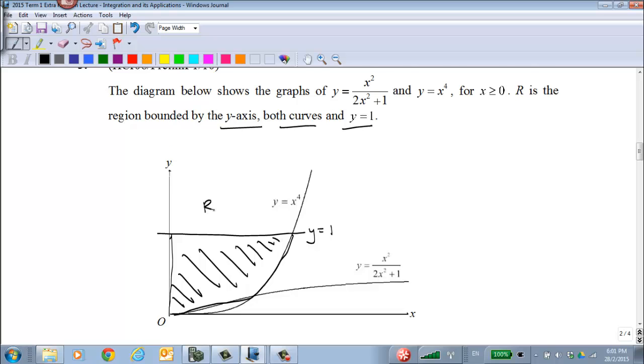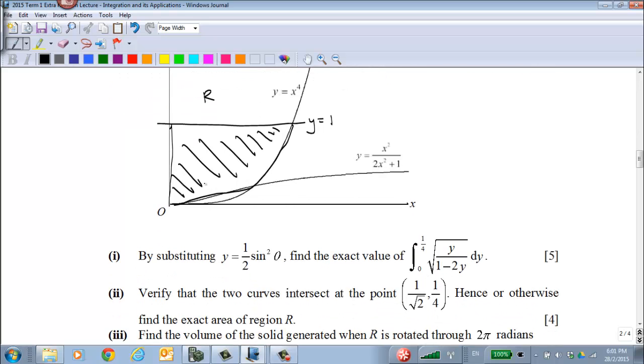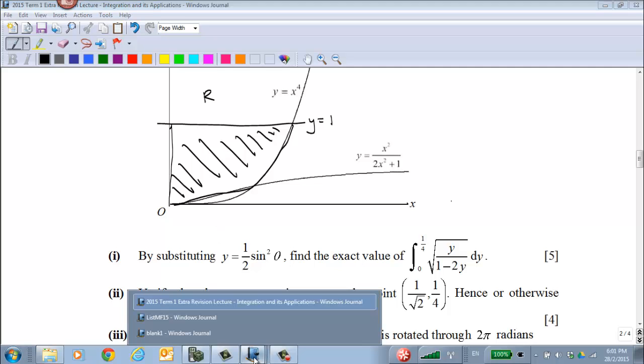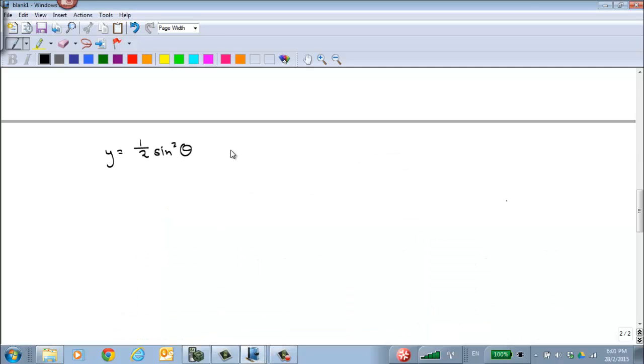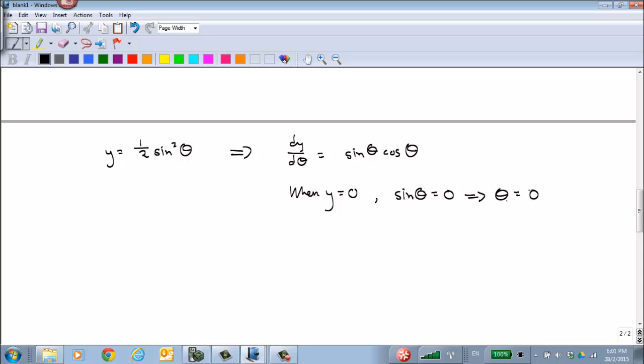But before that, we will have to do part 1, which is using substitution, find this exact integral. So how do you do this? Well, again, it's basically the same old thing. Because there is a lower and upper limit, sine theta is 0 implies that theta is 0.